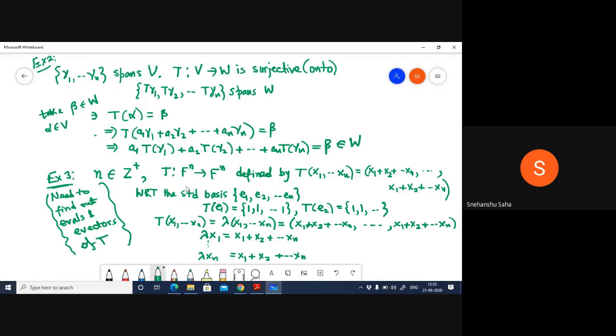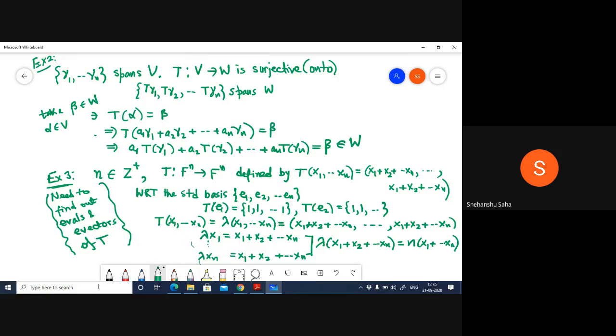The simplest possible way to deal with this is to just add those equations up. If you add all of these, on the left-hand side you are going to get lambda times x1 plus x2 plus xn, and on the right-hand side you are just adding this n times, so we get n times x1 plus x2 plus xn.